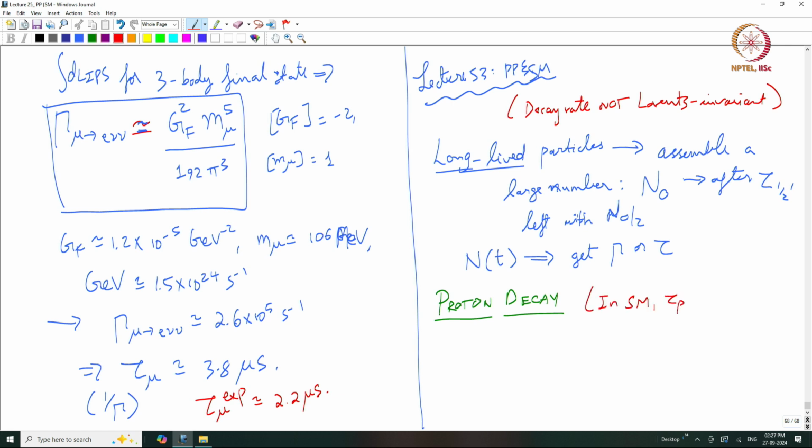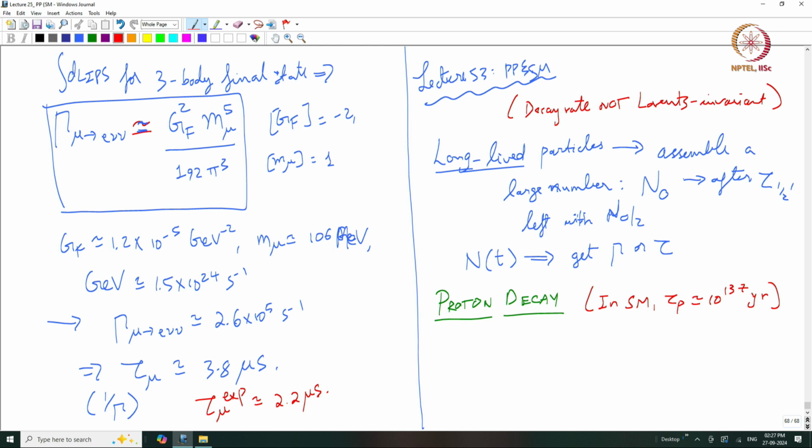the lifetime of the proton, if I am writing this correctly, is about 10 power 137 years, correct, which is a very long time. The universe has been around only for 10 power 10 years, right.